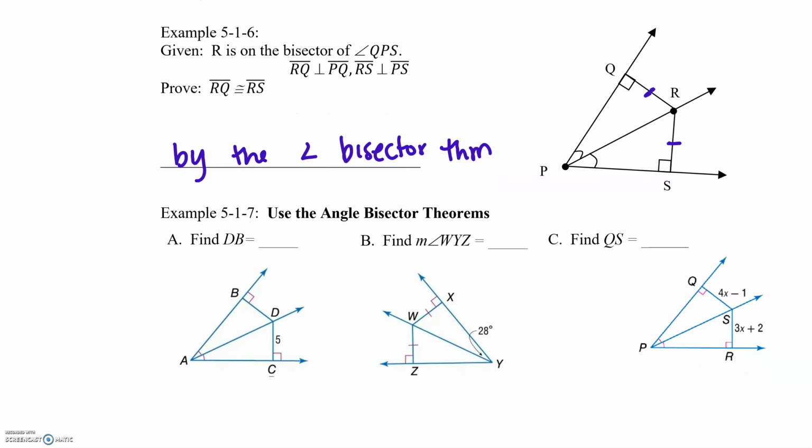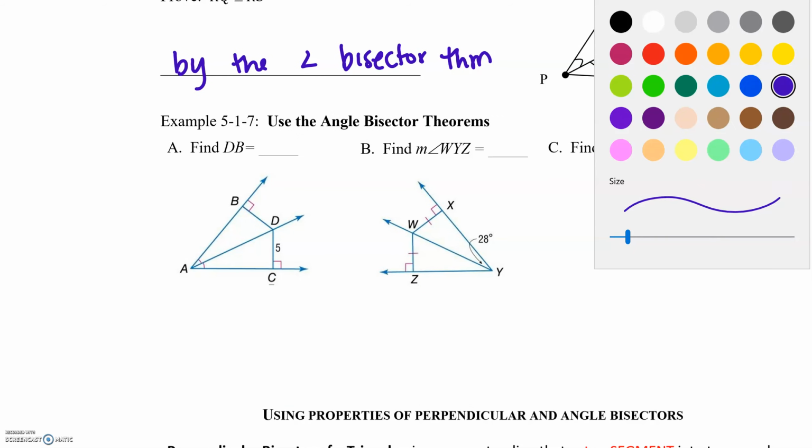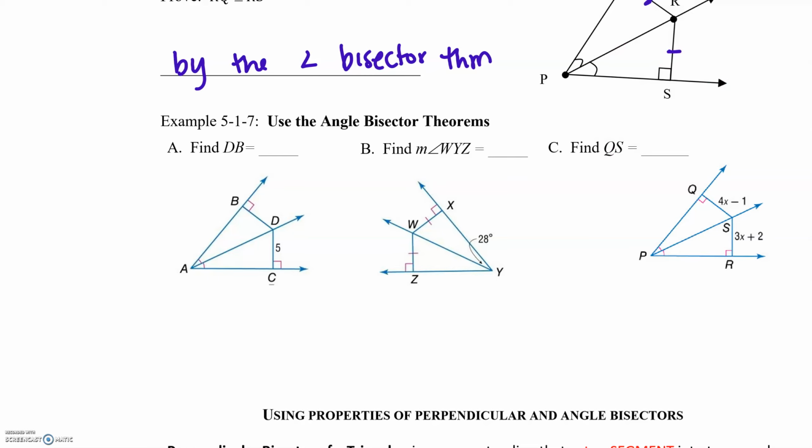Those segments are congruent. So let's practice a couple of examples using those 2 pieces of information. So BD, or DB, we want to figure out what that is, and we know that this is 5. We know that this is being bisected, and we know these are perpendicular, so this distance and this distance would be the same by the angle bisector theorem, which would make it 5.